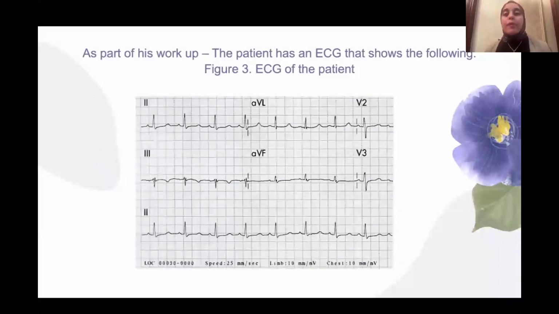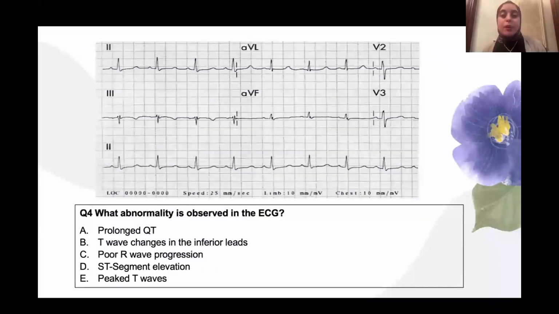As part of the workup, the patient has this ECG. Please have a look and find the abnormality. What abnormality can you see in this ECG? Is it prolonged QT, T-wave change in the inferior leads, poor R-wave progression, ST segment elevation, or peaked T-waves?